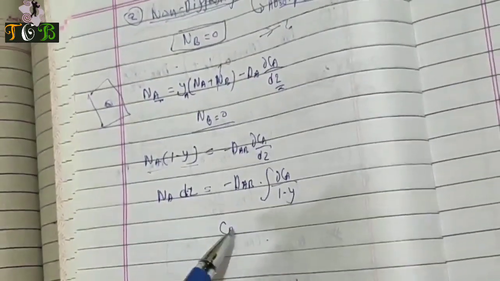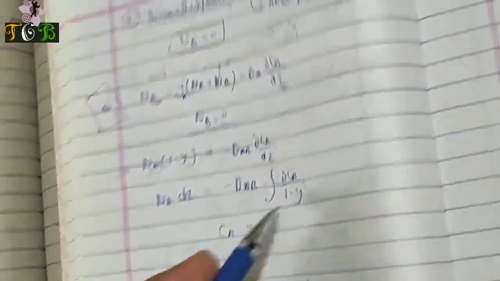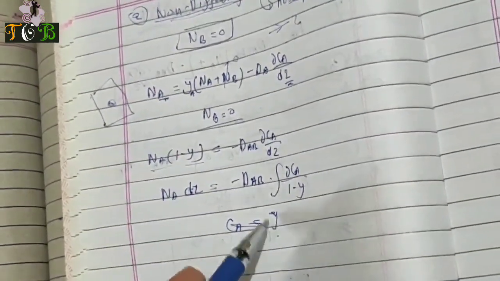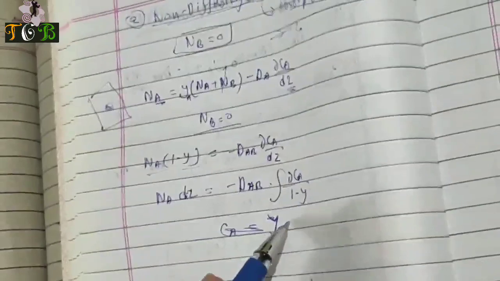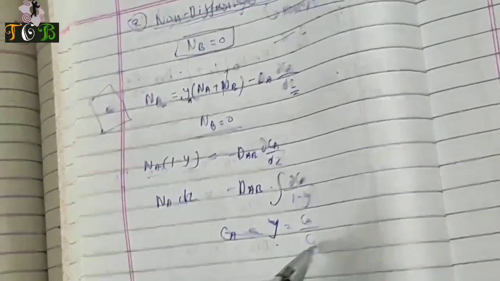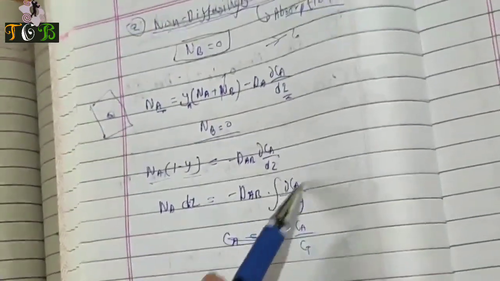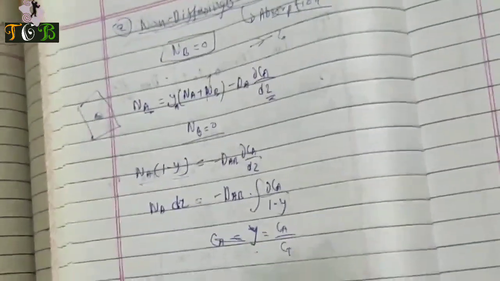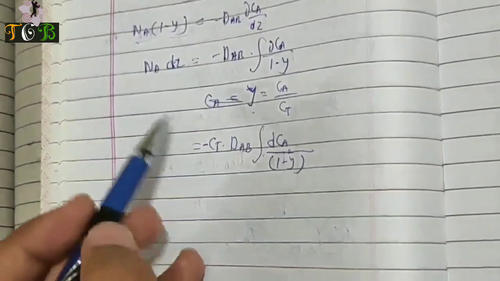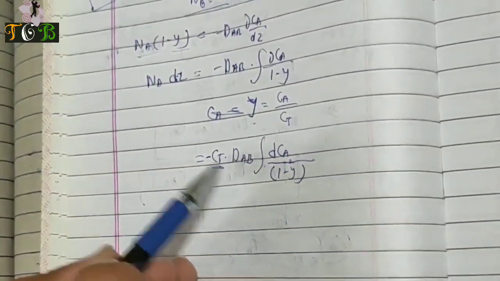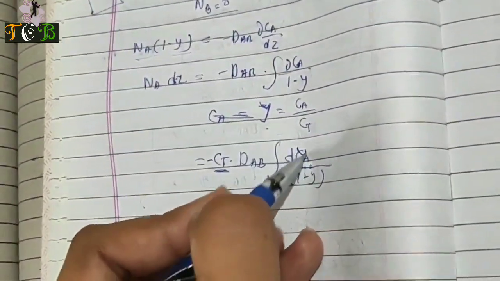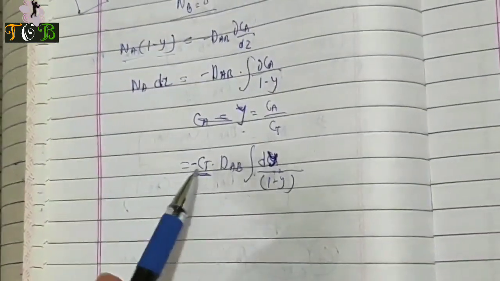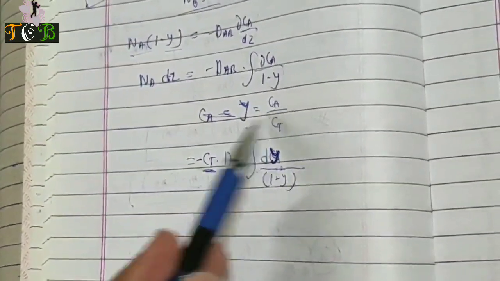Now we know that Ca equals, basically what you have to remember, mole fraction is Ca by Ct. So we can make this in terms of y by multiplying and dividing by Ct. We multiply and divide with Ca, so this will become y actually. So mole fraction has come in, because you know this thing.